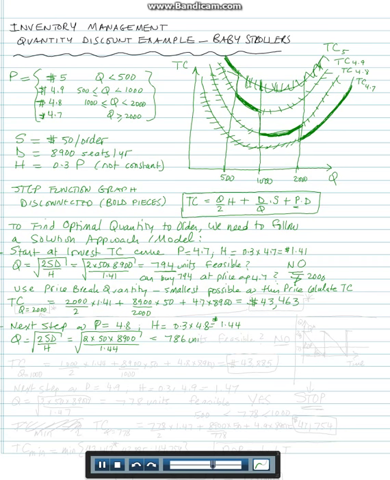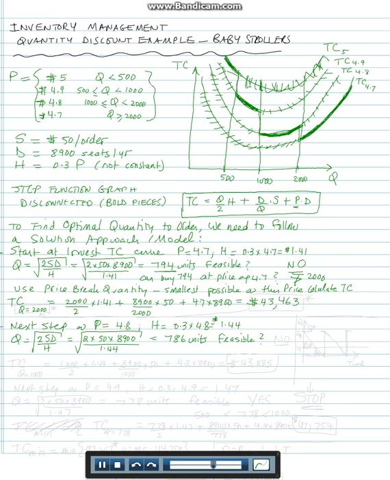786 units. Is 786 units feasible at the price of $4.80? Can I buy 786 units at that price?